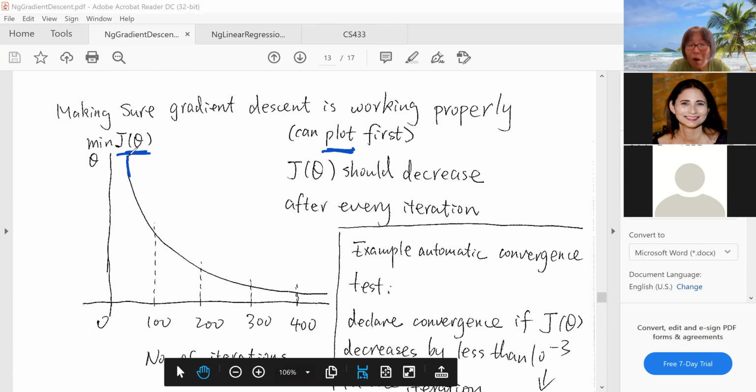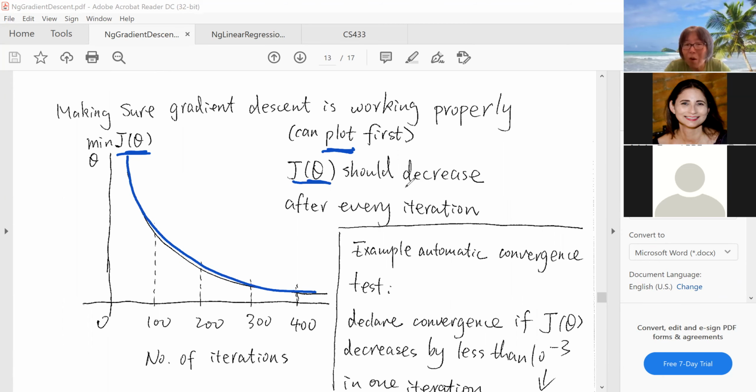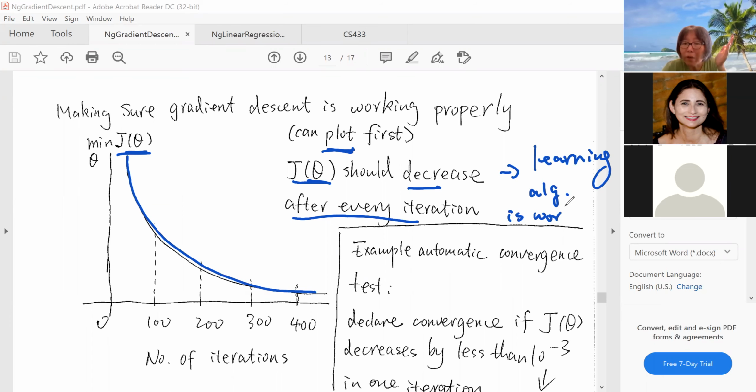If the cost is decreasing after each iteration, then you know the learning algorithm is working appropriately. So that's the goal.